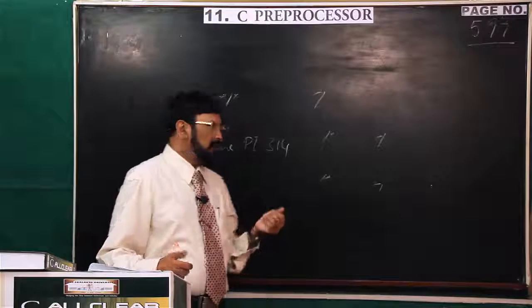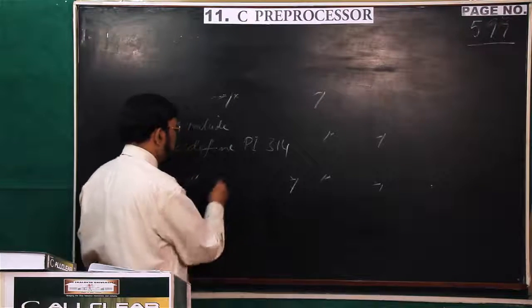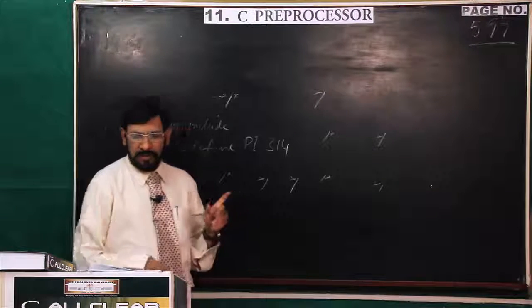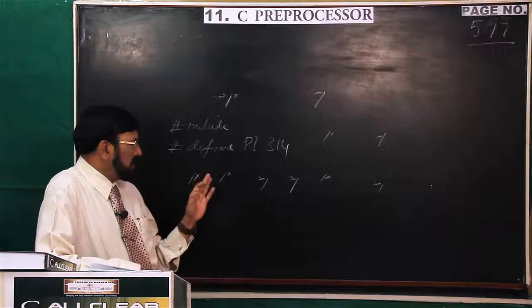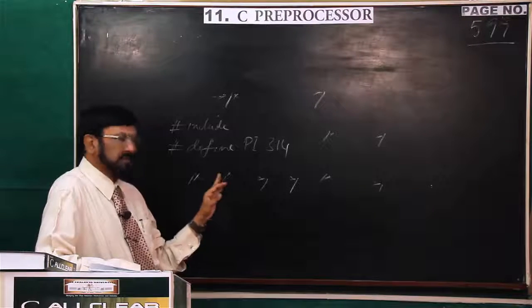nesting of C comments is prohibited. Suppose this is a comment, this is another comment inside it; this is prohibited. When we comment out code, there may be a possibility of nesting of C comments.